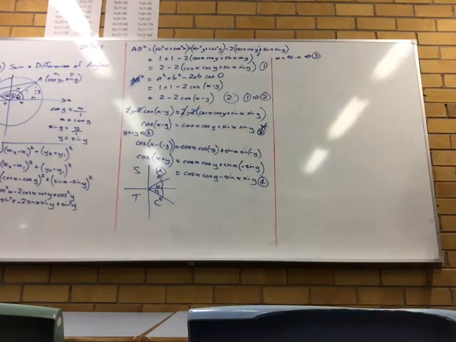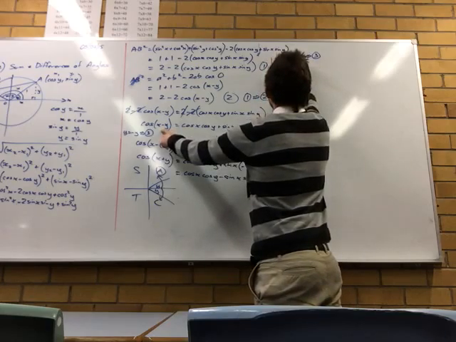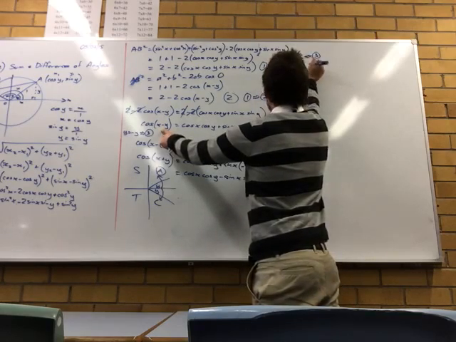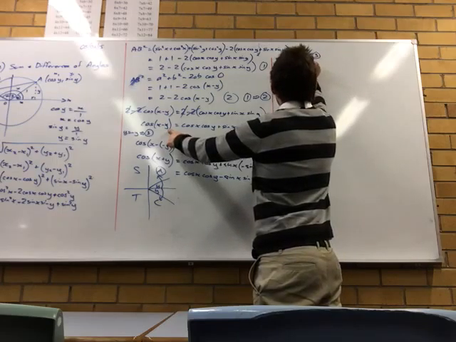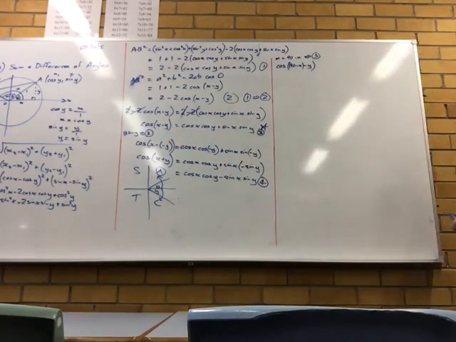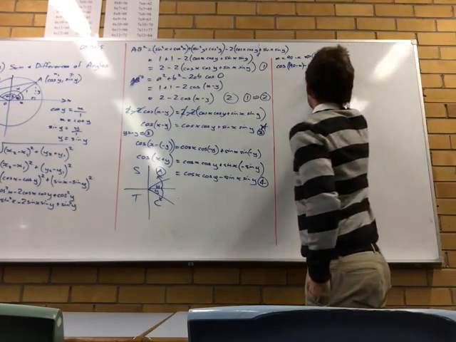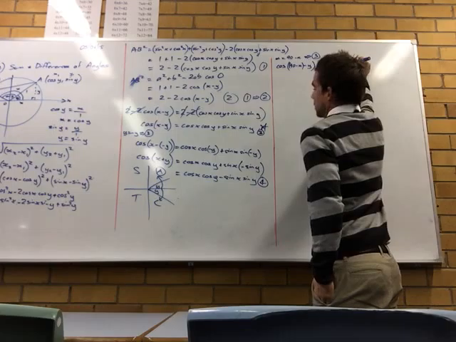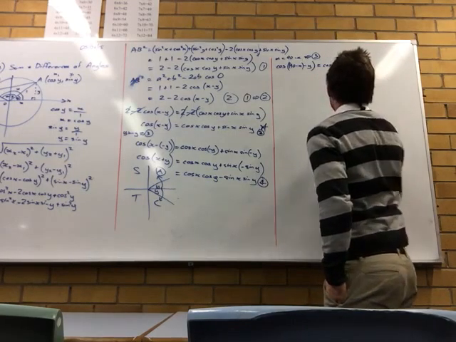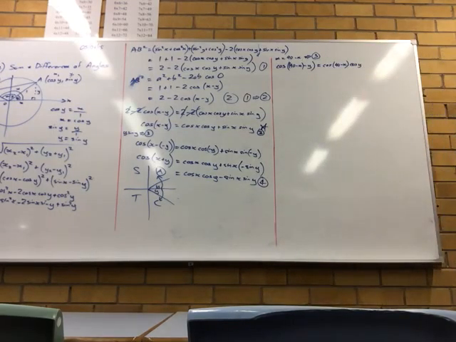Right, so cos of 90 take away x, take away y, is equal to cos of 90 take away x times cos y. Every time there's an x, I'll replace it with 90 take away x.